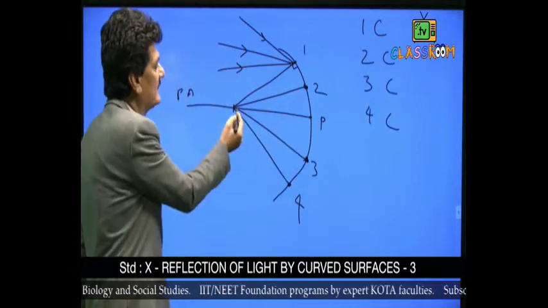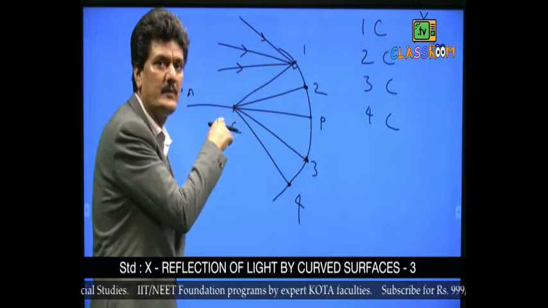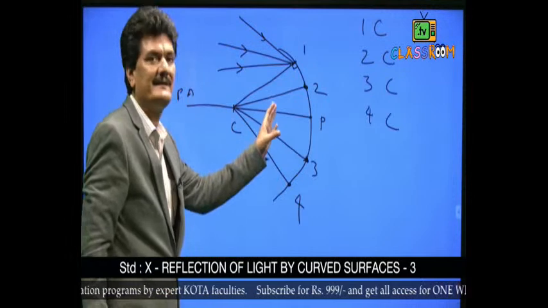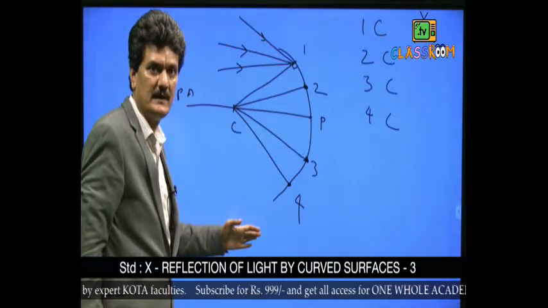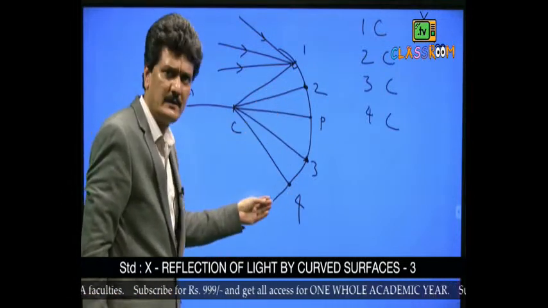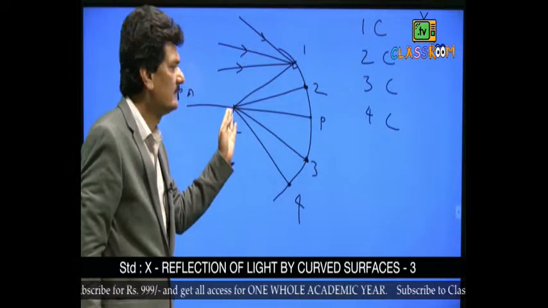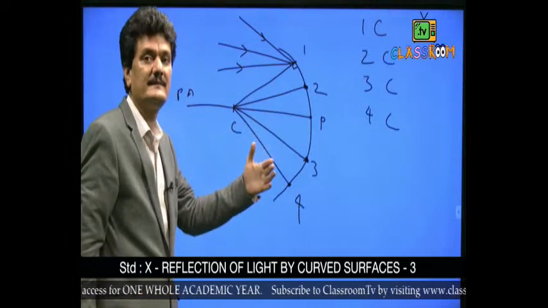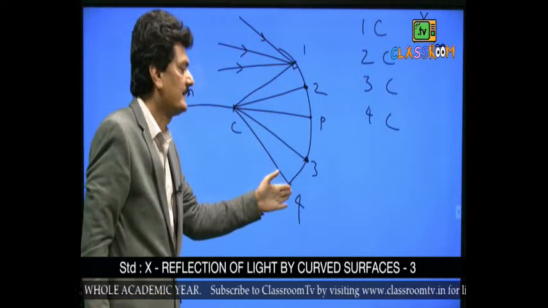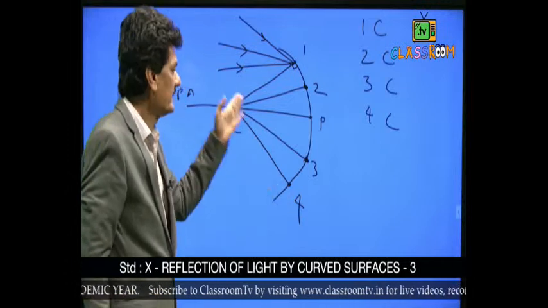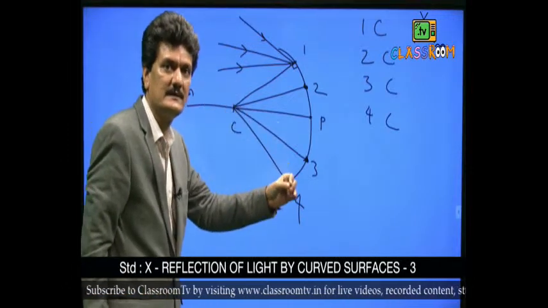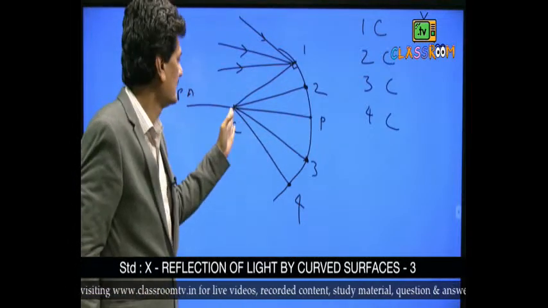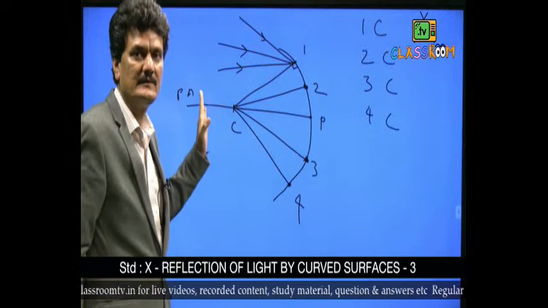And all these 4 normals, as you can see, are meeting at one point, the center of curvature. You can extend them, but one thing we can say for the concave mirror is that a normal drawn from any point on the concave mirror will always pass through the center of curvature. Conversely, we can say that any line starting from the point of incidence passing through the center of curvature will behave like a normal, and we can say that the normals for a concave mirror converge at the center of curvature.